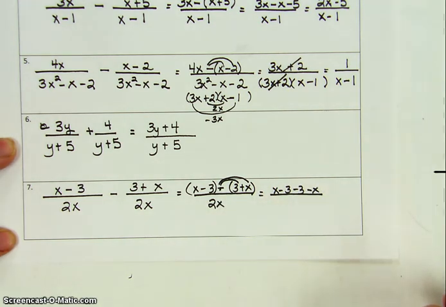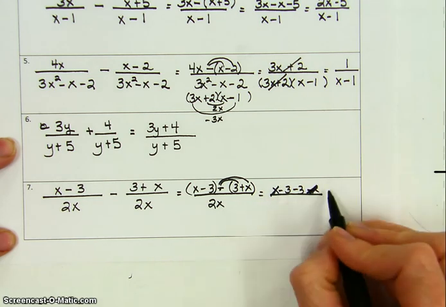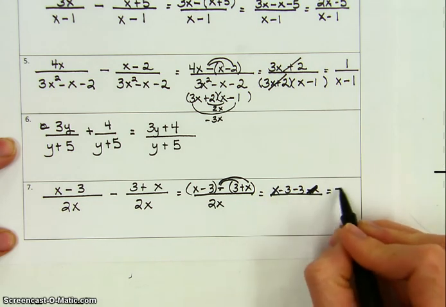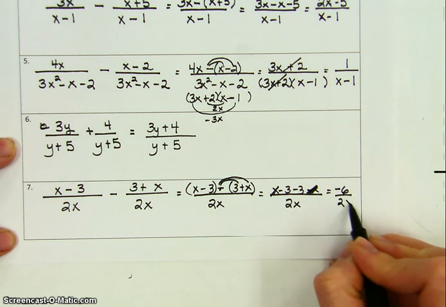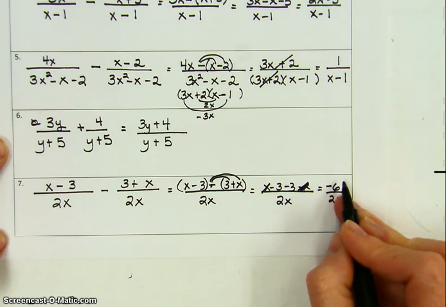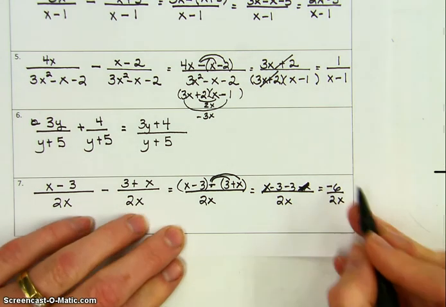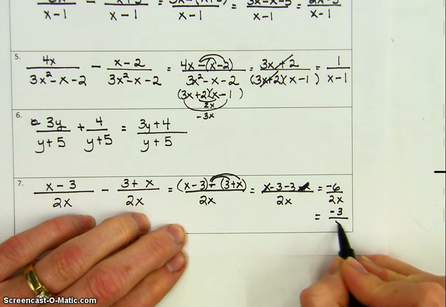So what happens here, the x's actually cancel out and I get left with negative 6 on top. My denominator is 2x. So this is actually not finished because it will simplify. So your final answer will be negative 3 over x.